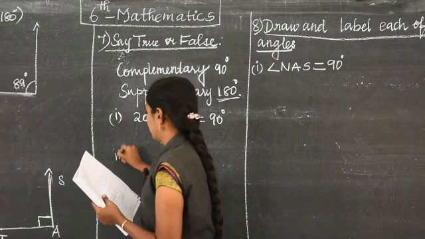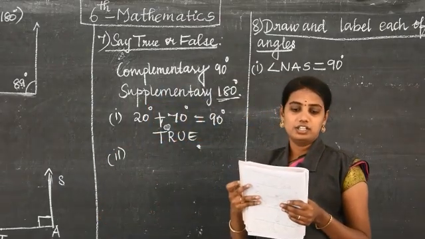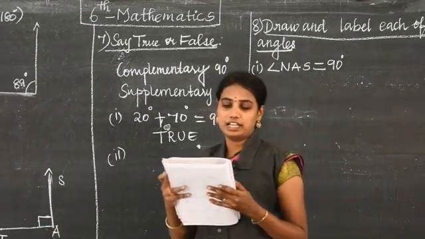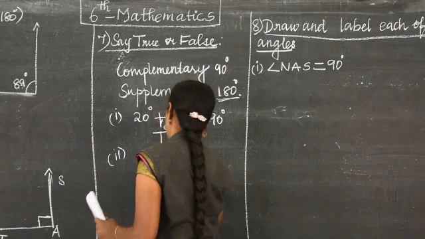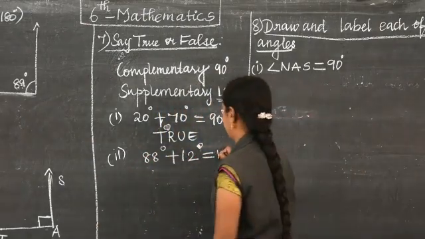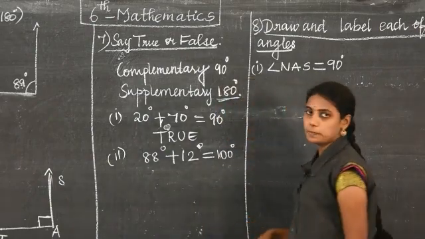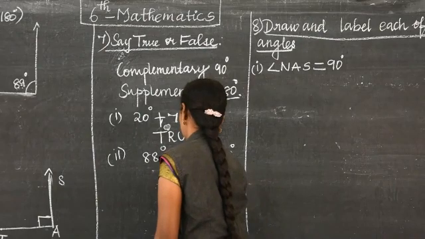Option 1 is true. Likewise, the next one, 88 and 12 degrees. 88 degrees and 12 degrees are complementary is given. Add 88 plus 12, which is 100. Is 100 complementary? No, 90 only. So the given statement is false.